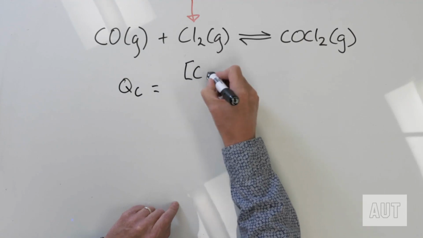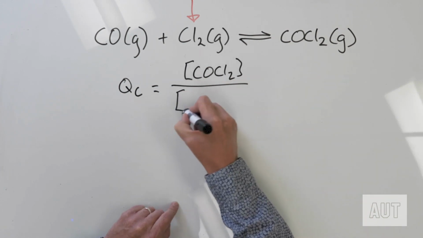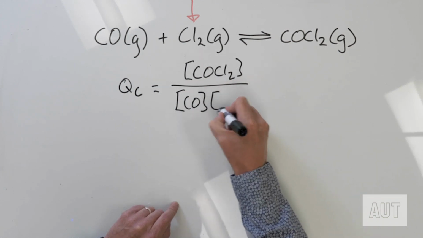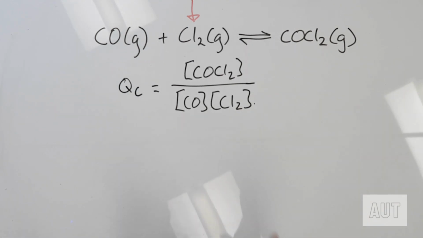In order to answer that question, we're going to write our expression for Qc, and again it equals the concentration of phosgene over the concentration of carbon monoxide times the concentration of Cl2. We're starting at equilibrium, so Qc is equal to Kc. Hopefully you can see where we're going with this.